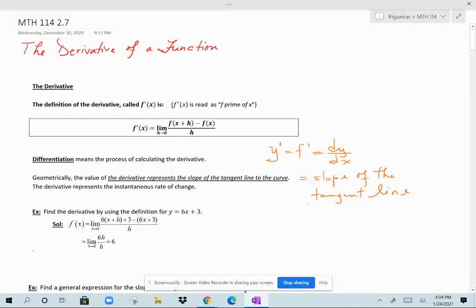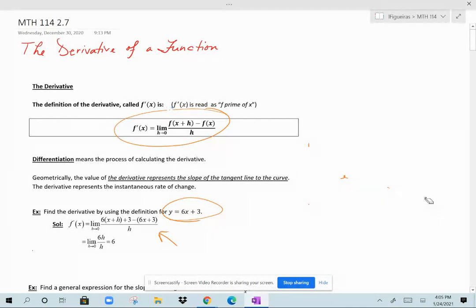So let's use the definition to find the derivative of this linear function, y equals 6x plus 3. When I apply the definition above to that function, I get the limit as h approaches 0 of 6 times x plus h plus 3 minus, in parentheses, the function 6x plus 3.